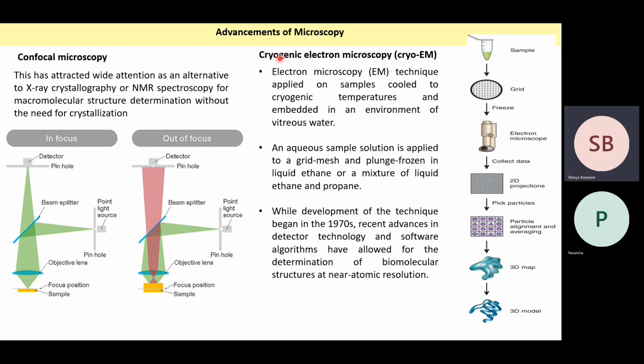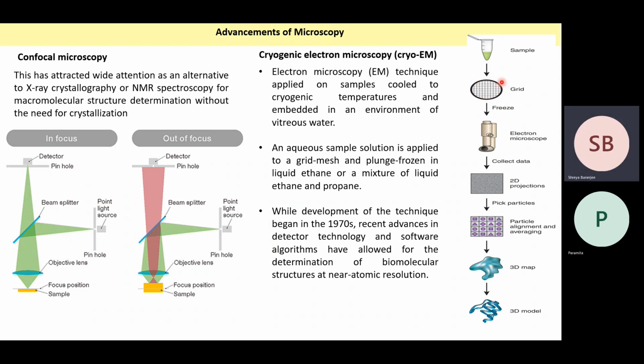But the most recent and advanced type of microscope is the cryogenic electron microscope, or cryo-EM. It is an electron microscopy technique applied on samples cooled to cryogenic temperatures and embedded in an environment of vitreous water. We will learn more about the details of this technique later, but just to describe it briefly: the sample of the protein is first purified, and then it is mounted on a grid.